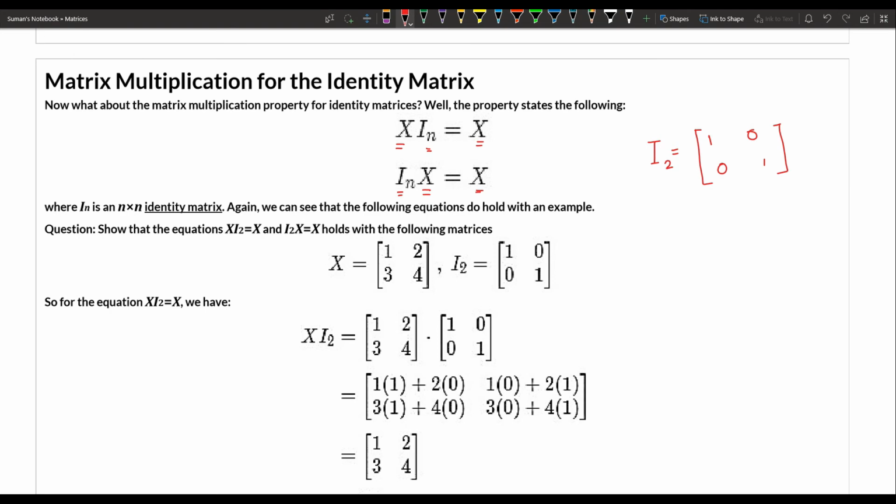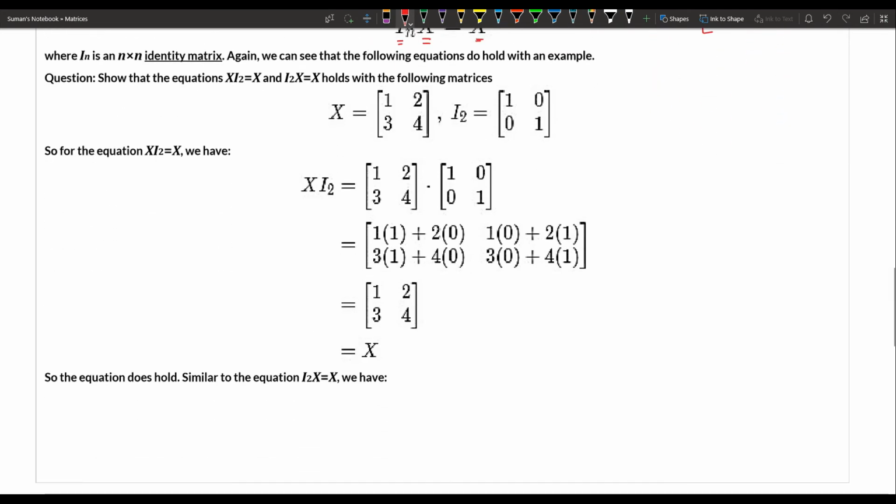Let us check whether that is true or false. Let we have two matrices. X is a non-zero matrix, 1, 2, 3, 4, and I2, the identity matrix, 1, 0, 0, 1. At first we multiply the identity matrix on the right hand side of the non-zero matrix.